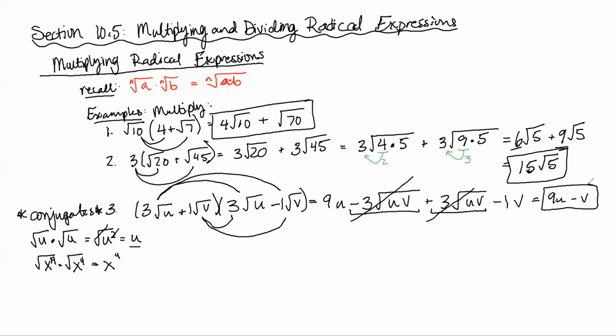So that one was kind of tricky. That's about as hard as those conjugates are going to get. But this over here, I'm going to put a few stars here. This shortcut is really helpful to know. So we're going to use that a lot when we're looking at rationalizing denominators.